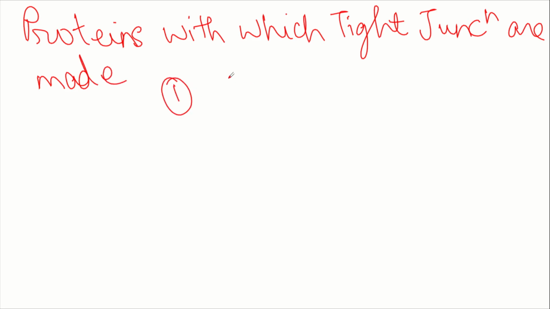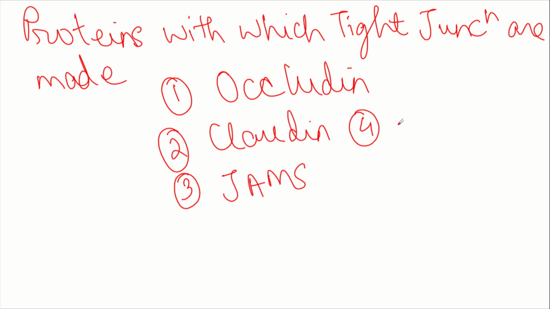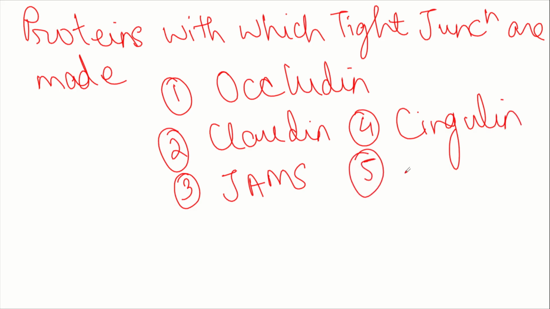First one is occludin, second is claudin, third one is JAMs, fourth one is cingulin, fifth one is symplekin. So these are the proteins with which tight junctions are made up of.